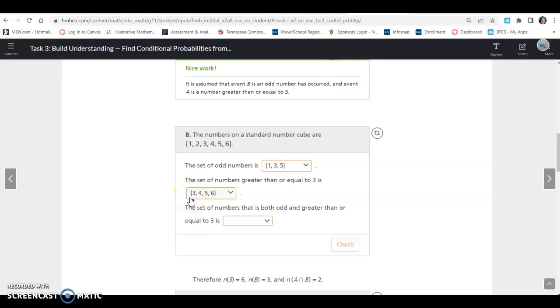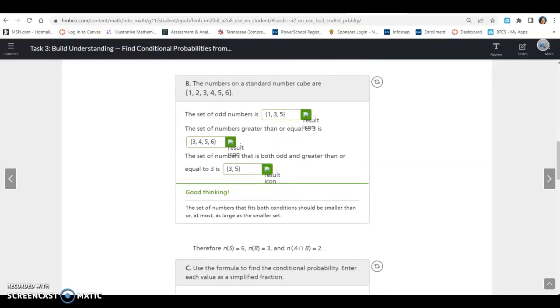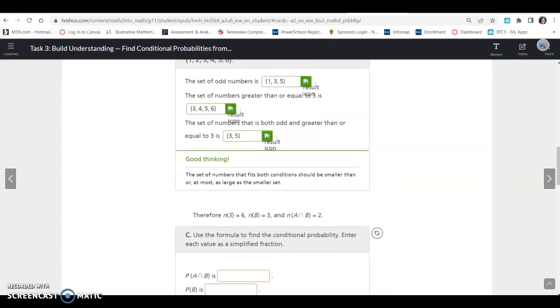The numbers that are both odd and greater than or equal to 3 would be 3 and 5. That's called conditional, so one happens if the other happens.